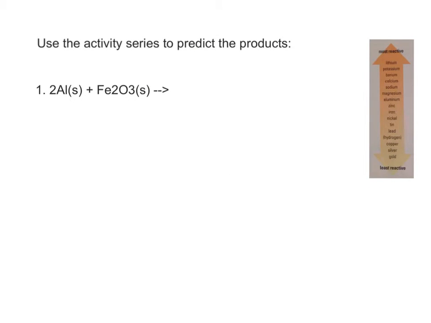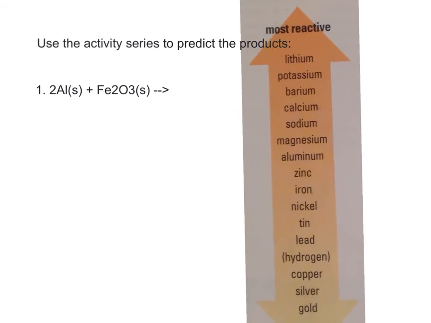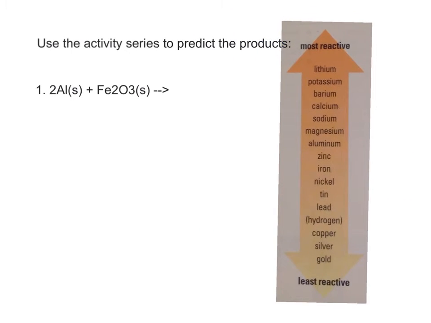All right, so in these examples, we want to use the activity series to predict the products. In our first reaction, we have aluminum and iron(III) oxide. So we want to know whether or not a single displacement reaction is going to occur. So we need to look at our activity series here. Aluminum is right here on the activity series, and iron is below it.